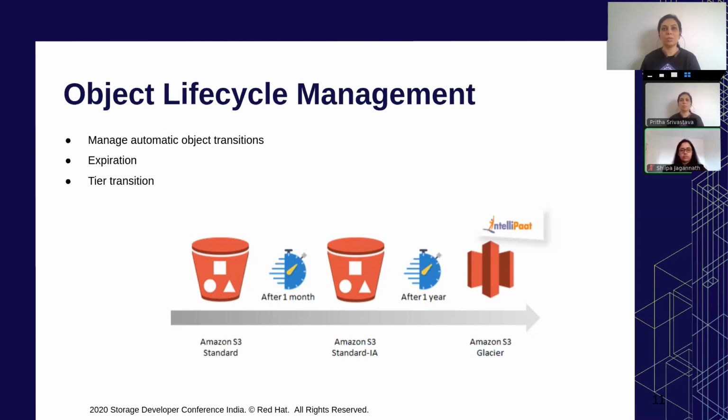If we want the older versions of objects to get deleted after a certain amount of time, we can define a policy for that. And we can also define policies for multi-part uploads which have been aborted. If there are multi-part uploads which are halfway, we want to delete them, we can have a lifecycle policy which will take care of that.